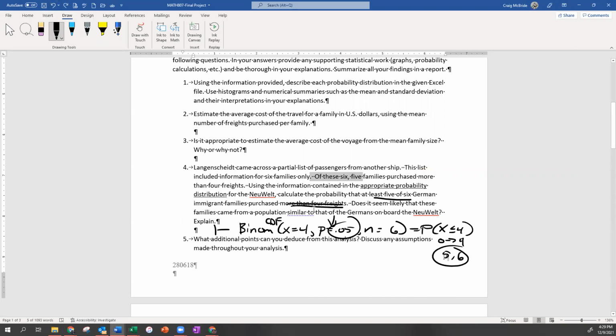I mean, the idea is that if this was a likely scenario, its probability should be fairly large. And when you run the data, it's going to be tiny.